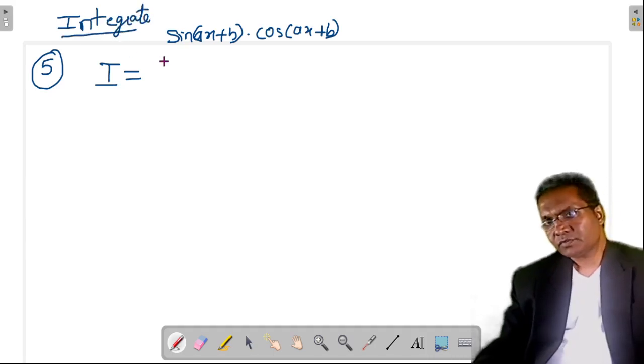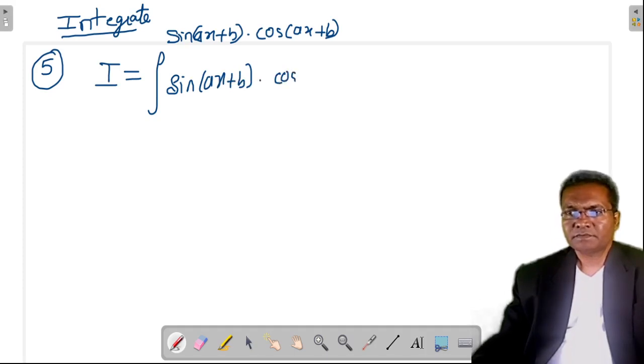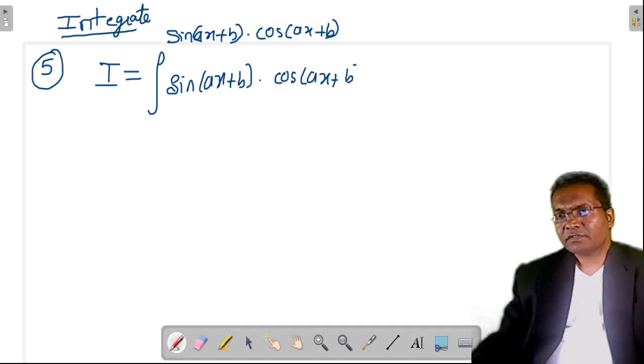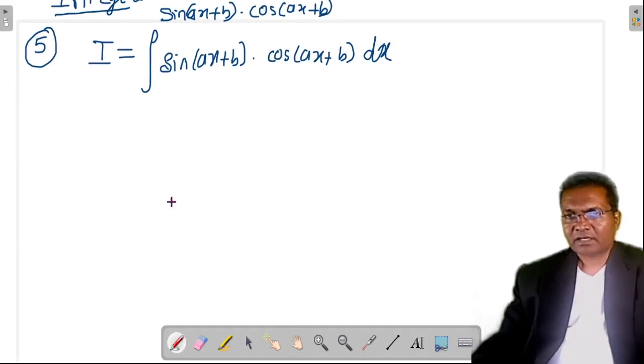So you have to write integration of sine of ax plus b into cos of ax plus b dx.